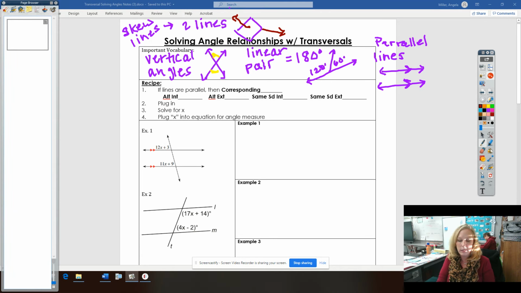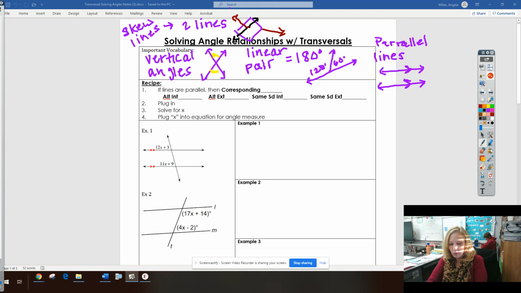That would be skew lines. So if one of my lines, if the line that was intersecting was right here on that plane, and then the other one was going on a different plane, that would be what skew lines are. All right, so let's get back to our angle relationships.